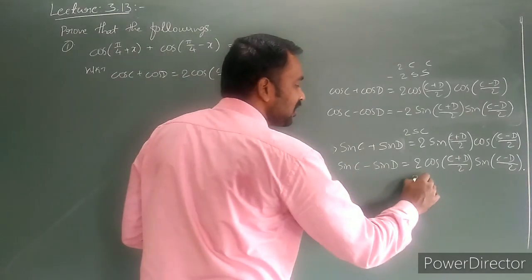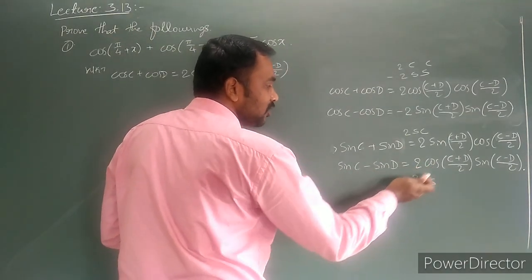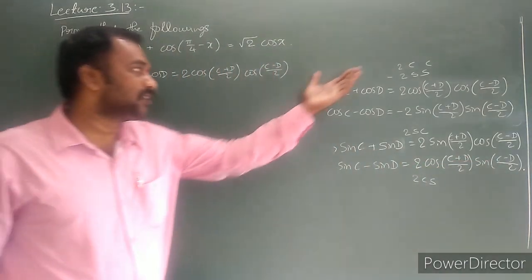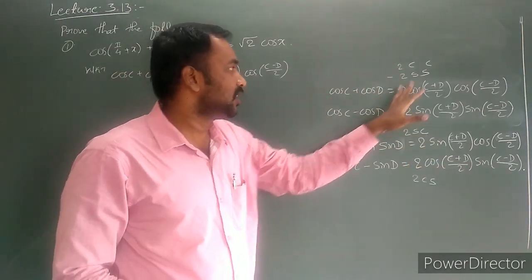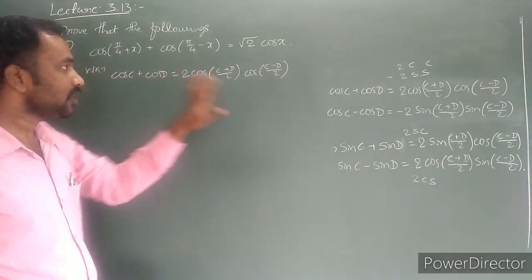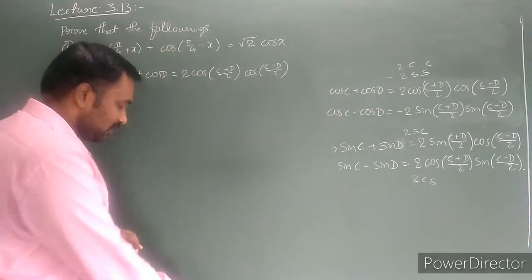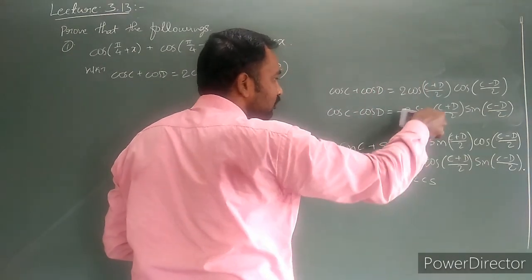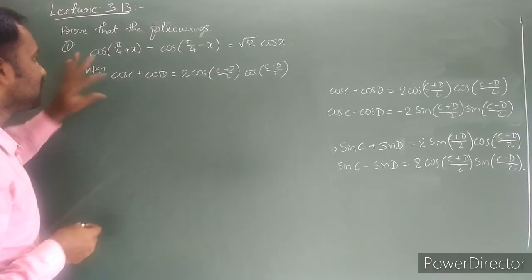For sin C minus sin D, you can remember 2cs: 2 cos of (C plus D) by 2 sin of (C minus D) by 2. So this is the short form you can remember. While writing in the examination, you have to write the full formula, but for remembering, you can use this manner. I'm not forcing you, I'm just giving a hint. Anyway, this is the formula.